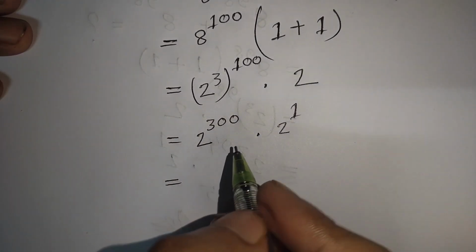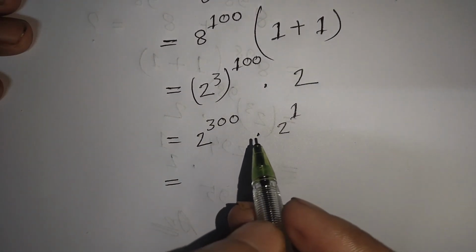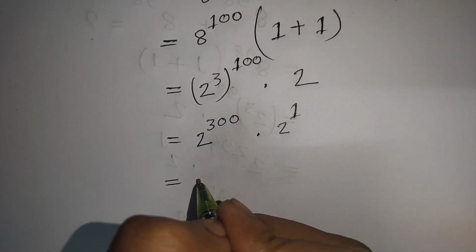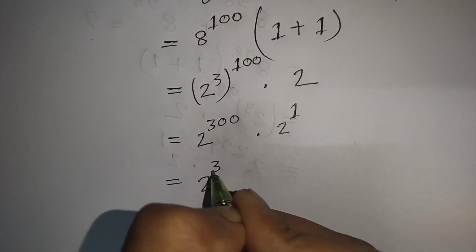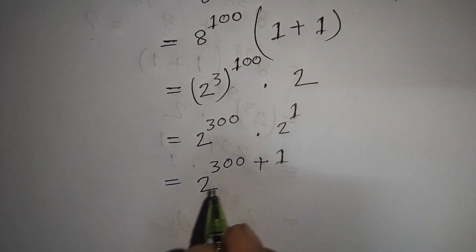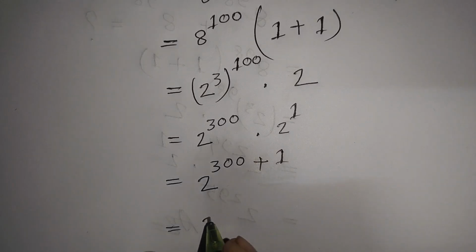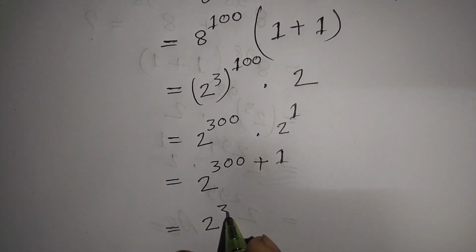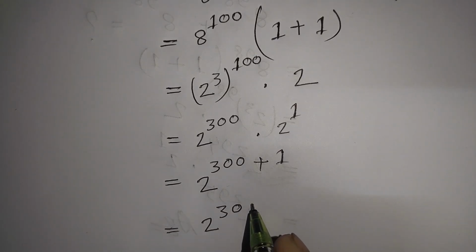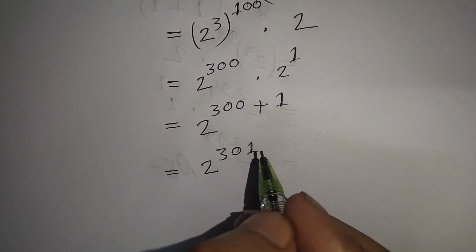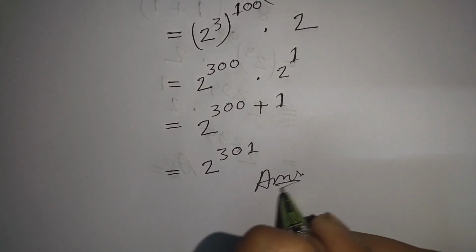Now we see that the bases are the same but the powers are different, so we can write 2 to the power 300 plus 1, that means 2 to the power 301. So 2 to the power 301 is the correct answer.